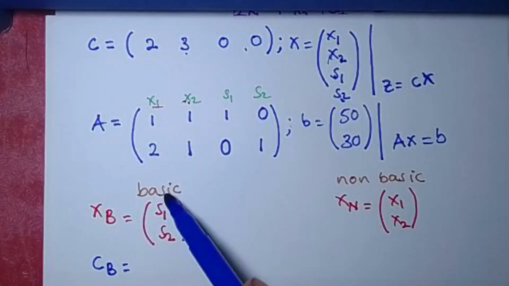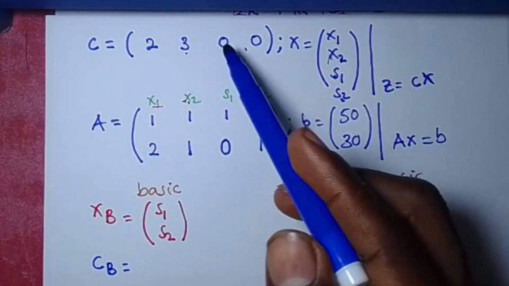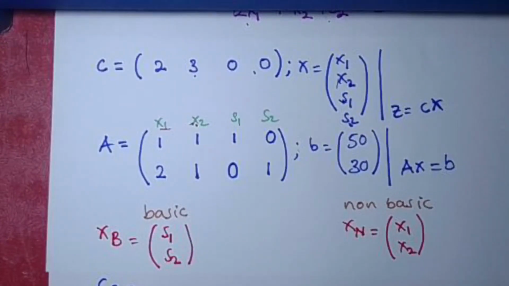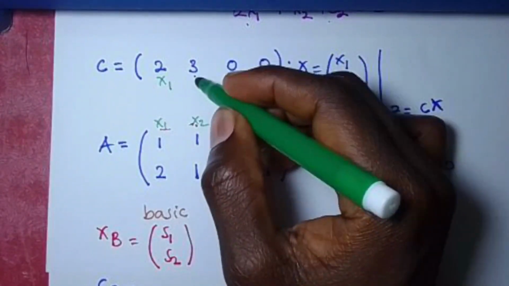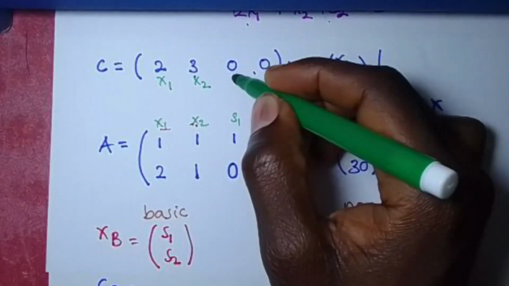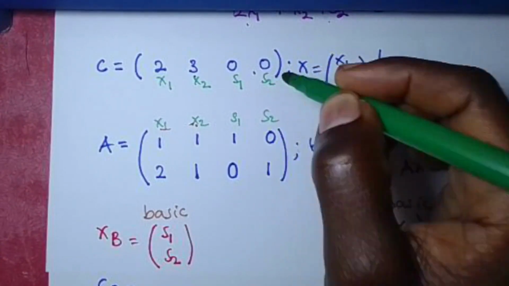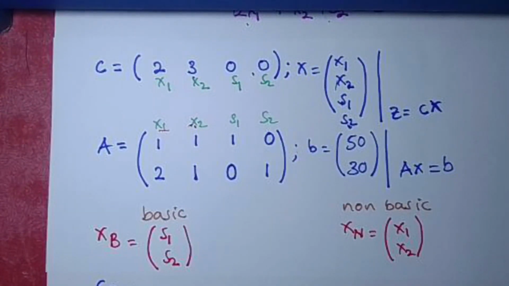The coefficients of the basics are S1 and S2. You look for their corresponding values. Remember that when we wrote this, these first values here were representing x1, this was representing x2, this was representing s1, and this was representing s2. So you come and pick those values from up there.